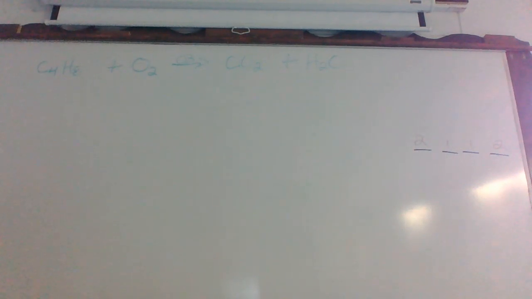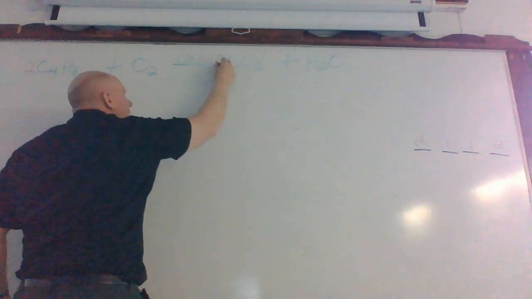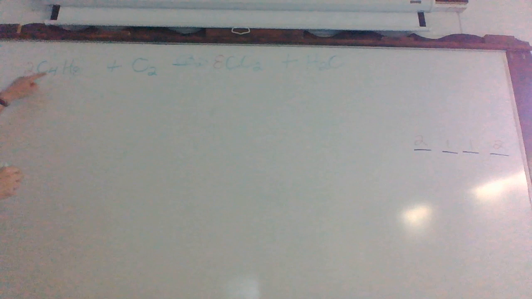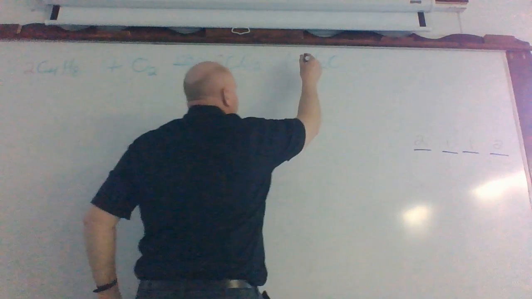Well, if you do that, this is the wrong way to do it. What's 2 times 4? Then what's 2 times 8? So then you would put an 8 here.